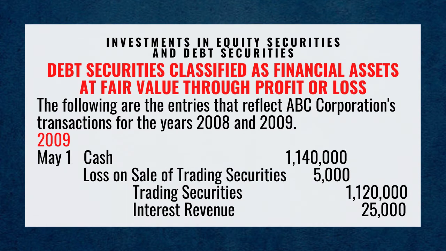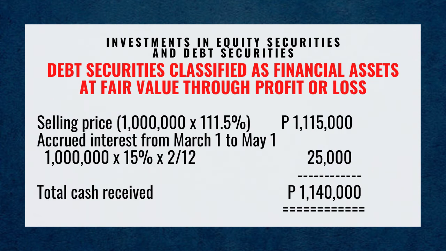May 1st, 2009, debit cash, 1,140,000 pesos. Debit loss on sale of trading securities, 5,000 pesos. Credit trading securities, 1,120,000 pesos. Credit interest revenue, 25,000 pesos. Selling price is 1,115,000 pesos, computed as 1 million times 111.5%.